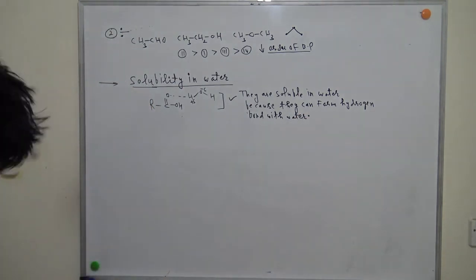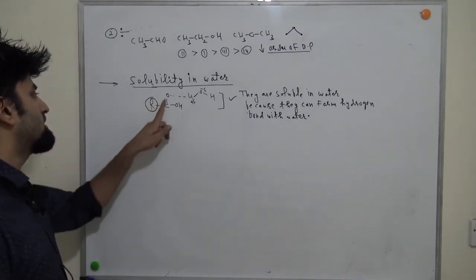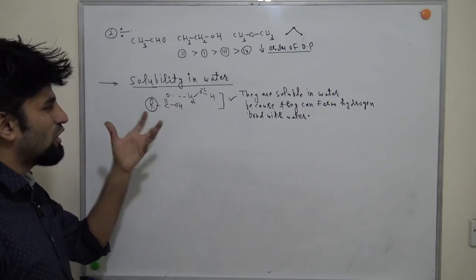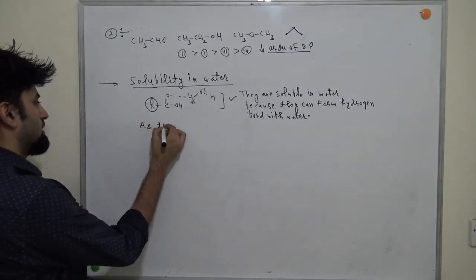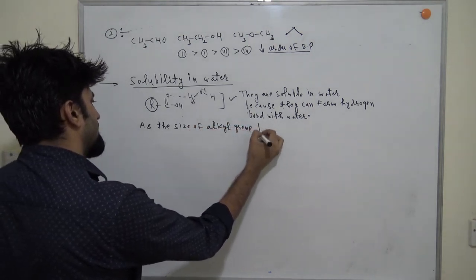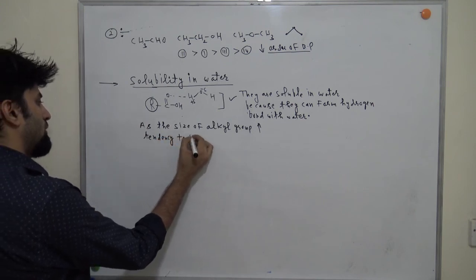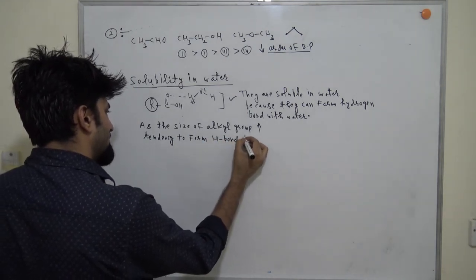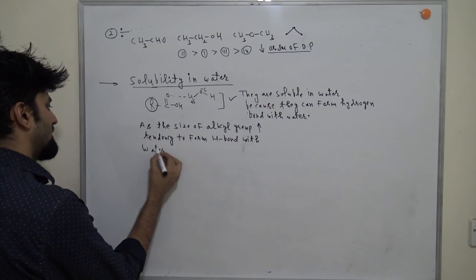But if you increase the size of the R group, this oxygen will become a little crowded, and the formation of this bond will not be as feasible. So as the size of the alkyl group increases, the tendency to form hydrogen bond with water decreases.